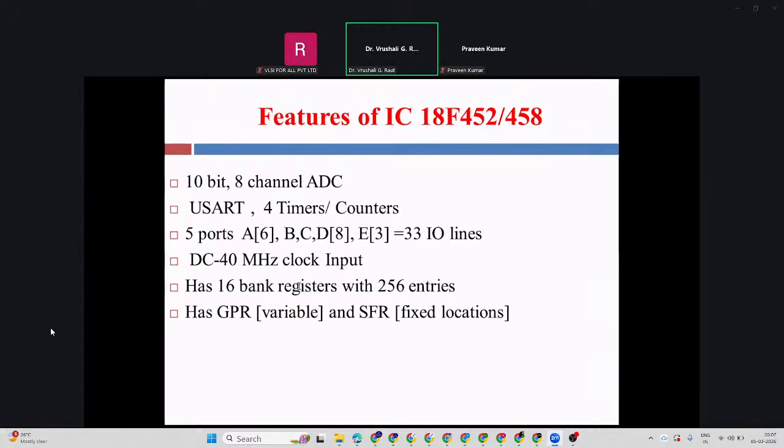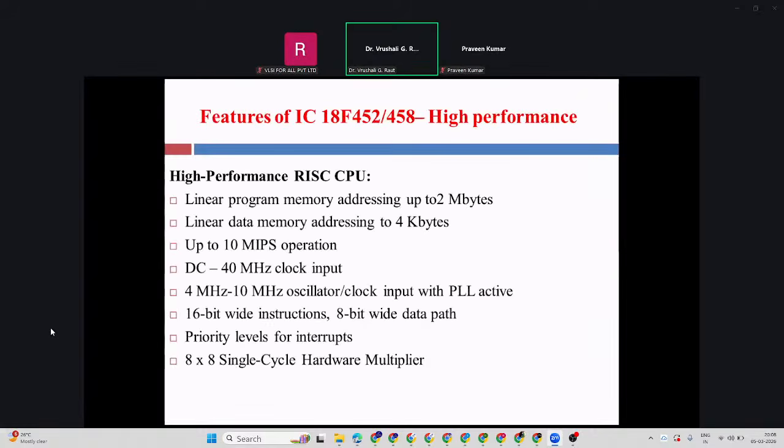Here, 16 banks of registers are available. Then there are GPR, means general purpose registers, and special function registers. You can change the value of them, and you can change its location, variable. Variable means you can put the GPR here and there in the register bank, whereas SFR, they have the fixed location. Is it right? Special function registers and general purpose registers are available there.